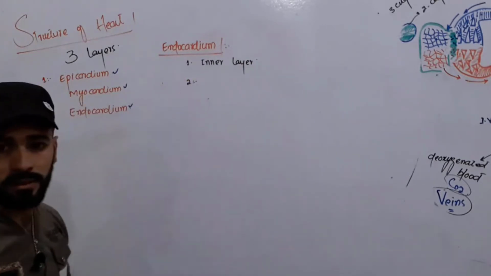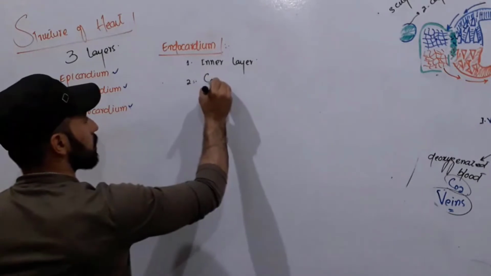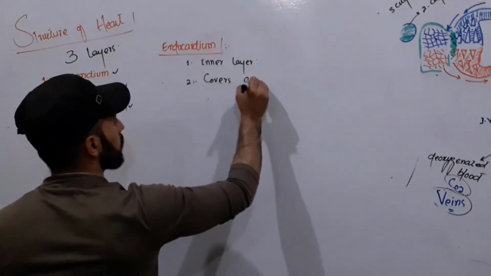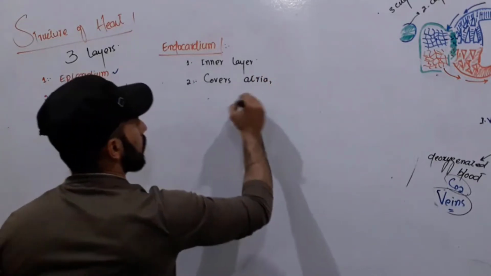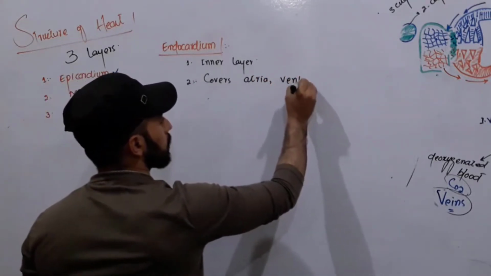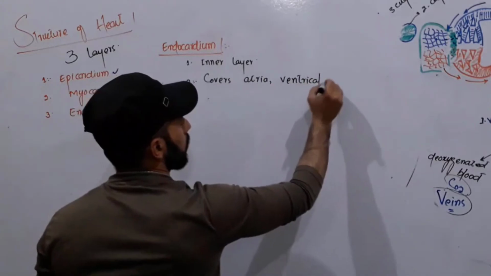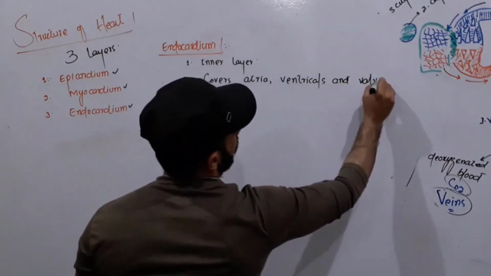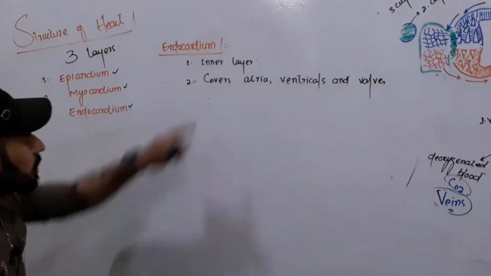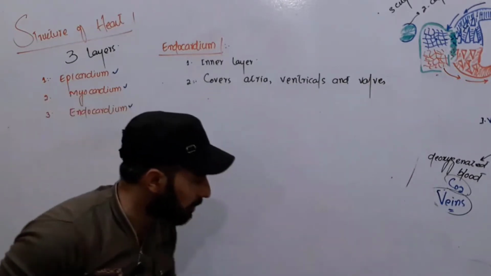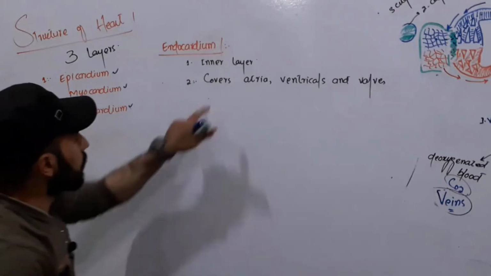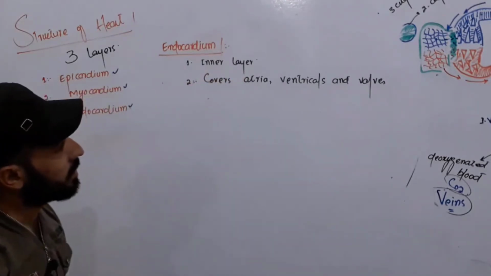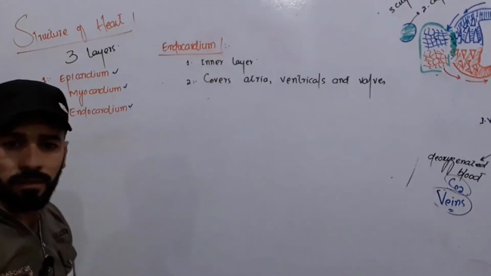The second point, this inner layer covers both the atria, both ventricles and valves of the heart. All of these will be explained in the diagram, inshallah. So it covers the atria, ventricles and valves of the heart.